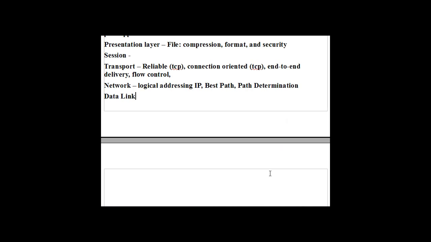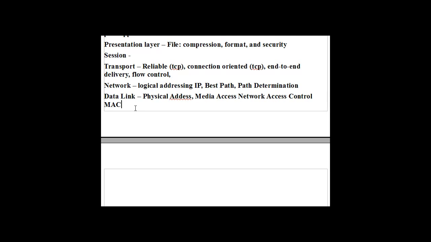Data link layer. If you see the words physical address, you know you're talking about the data link layer. If you see media access, or network access, or network access control, or media access control, which is MAC for short, you know you're talking about the data link layer.